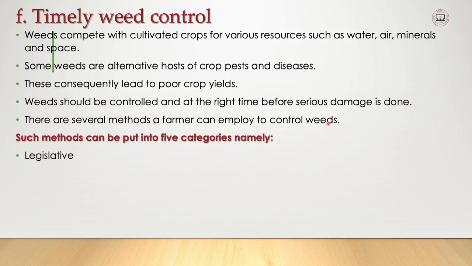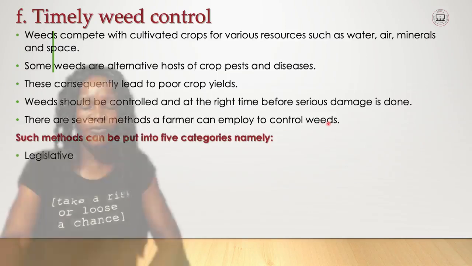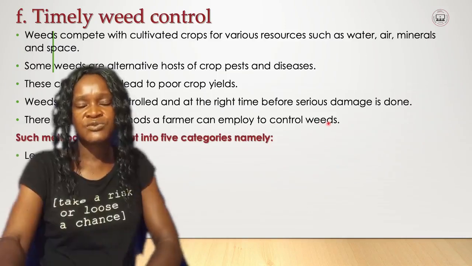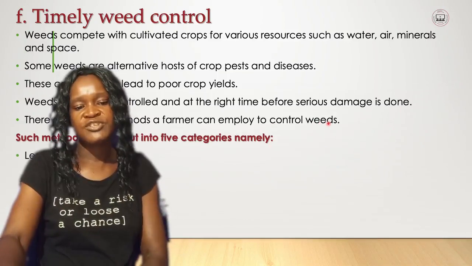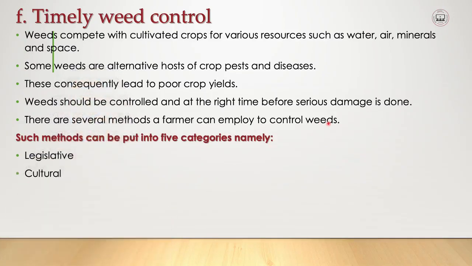These methods are categorized into five: legislative, where laws are passed, cultural methods, mechanical method, biological method, as well as chemical method. On legislative, it's just a matter of imposing laws to prevent the spread of strange weeds.